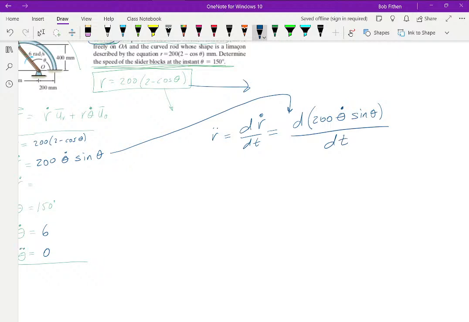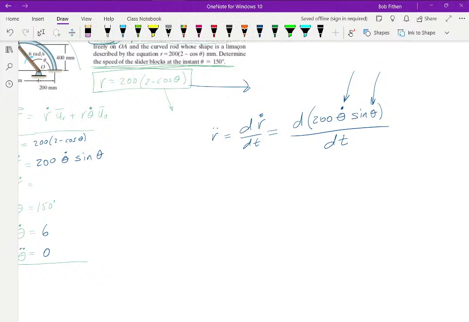Now, the reason this is so different than the one before is this r dot is a function of theta and theta dot. Now, you can list this out in a generic mathematical form, or you can just do it one at a time.